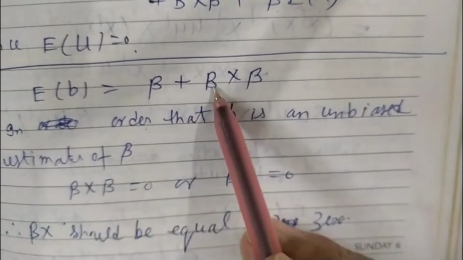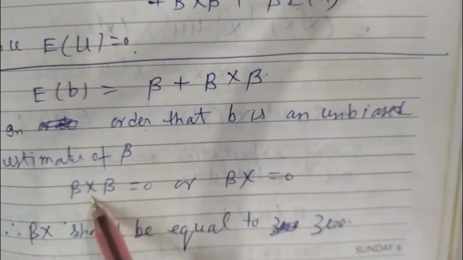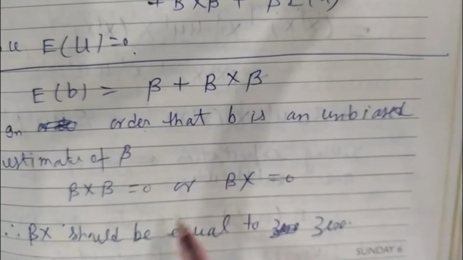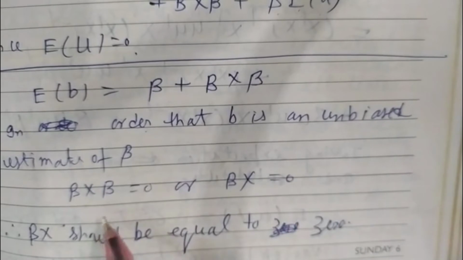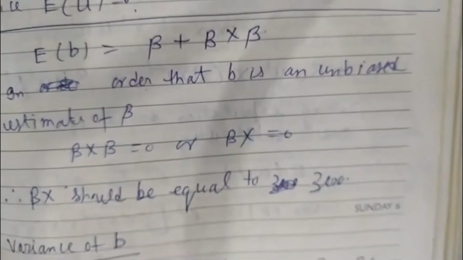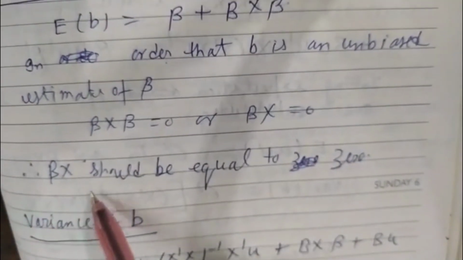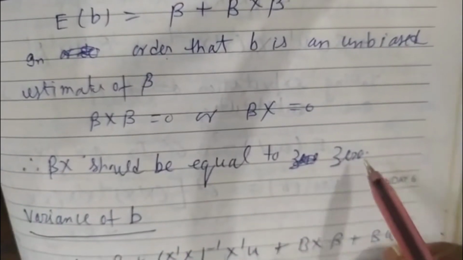βX is equal to 0, because b is also unbiased, so BX should be equal to 0.